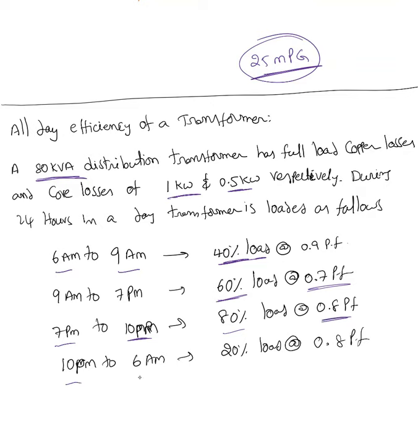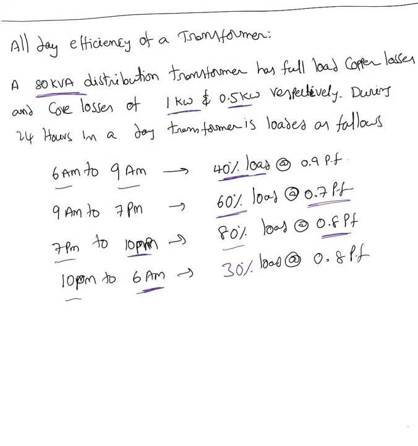Now from 10 p.m. to 6 a.m., maybe you're running your AC a little bit, and maybe your refrigerator is connected or heater is connected. So let me put it as 30% load, 20% is too low. I mean, your chargers, your printers, your cell phones, and your laptops, everything is connected. So probably it's around 30% of the load at 0.8 power factor.